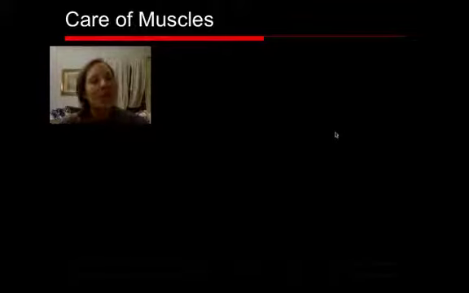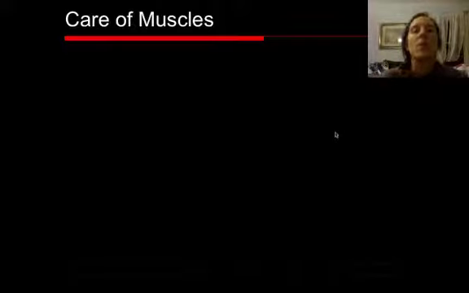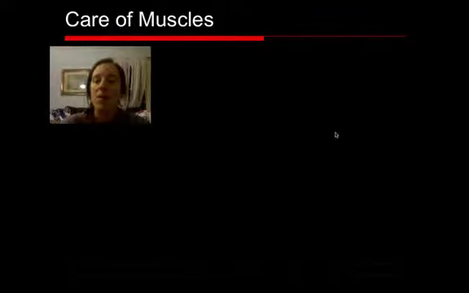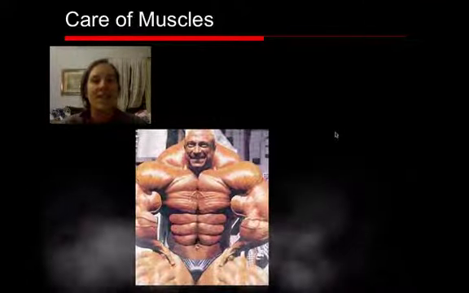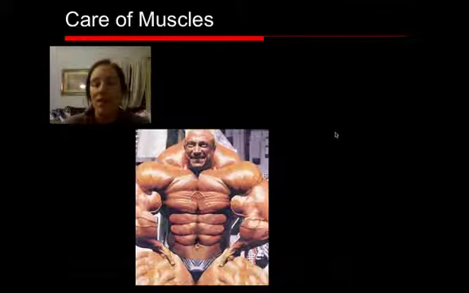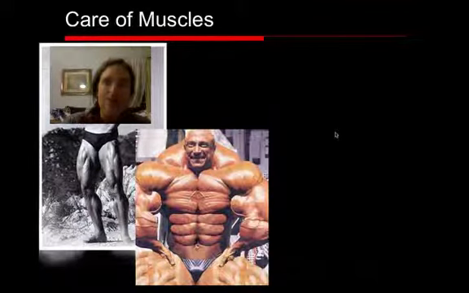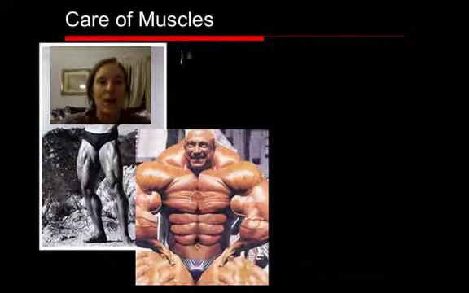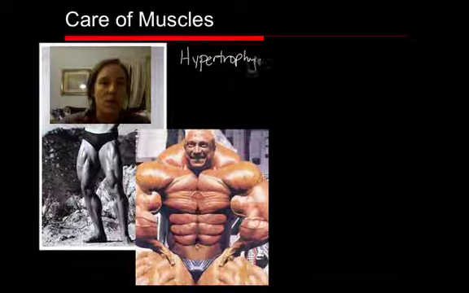So muscles, thankfully, don't need a whole lot of care and maintenance, but they do respond to large changes. There's a couple different types of muscle characteristics that we can see. The first one is called hypertrophy. These are great examples of hypertrophy. Hypertrophy is an enlargement of muscles.